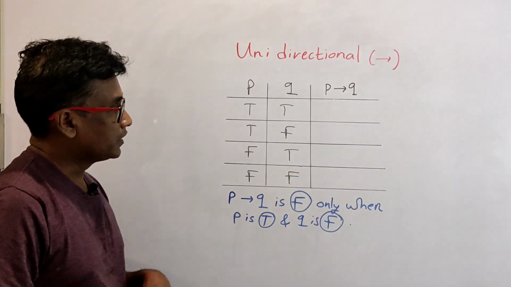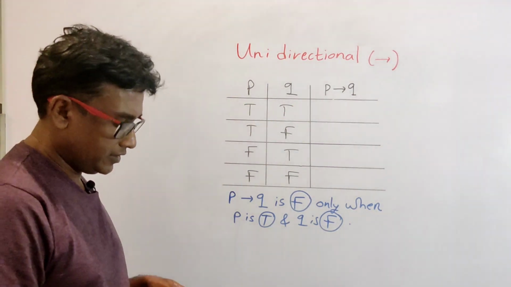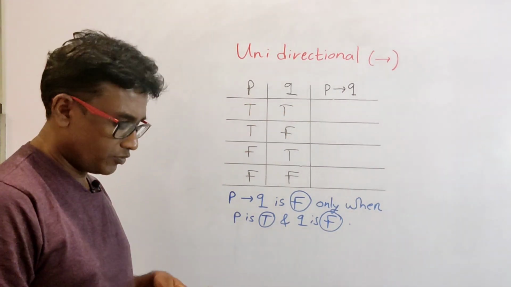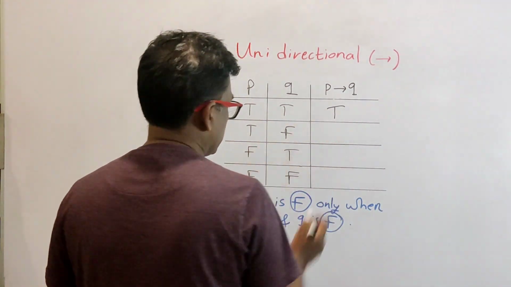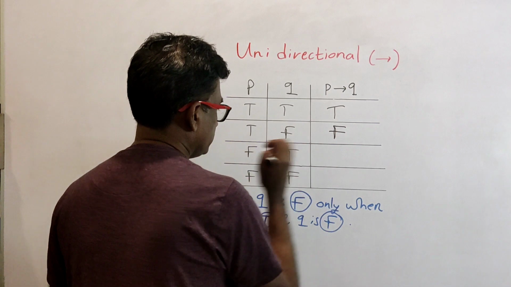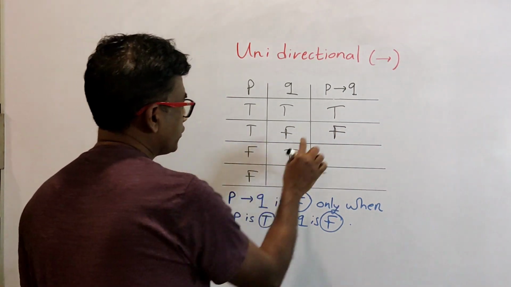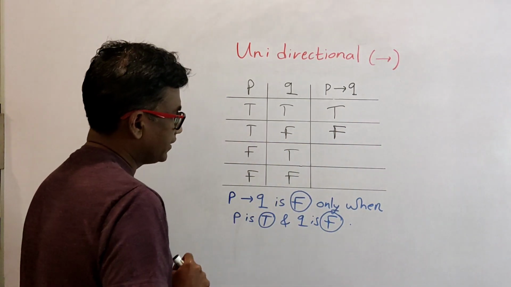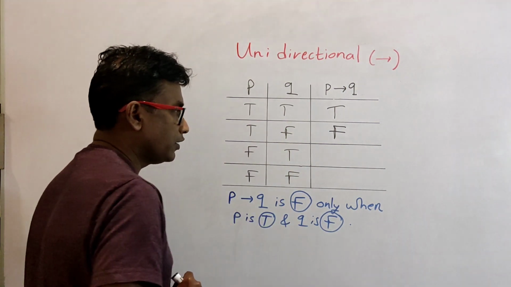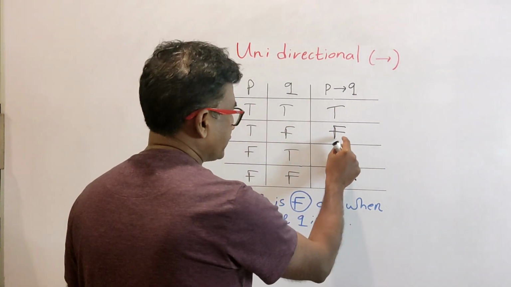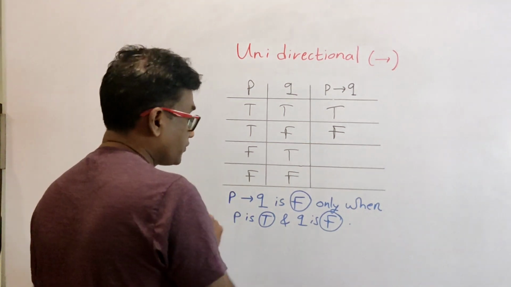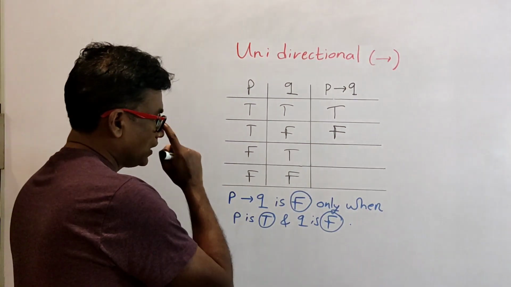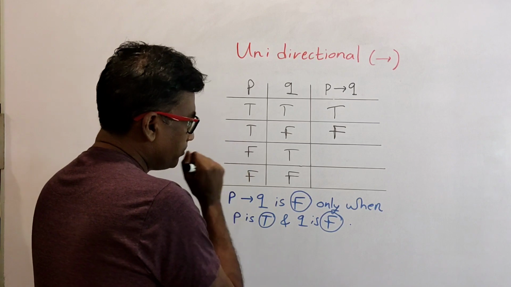Now, in the first instance, P is true, Q is true, obviously it is true. Now here, the truth value of the antecedent is true, the truth value of the consequent is false, so P implies Q is going to be false. Now when it comes to the third row and the fourth row, things become a bit confusing.